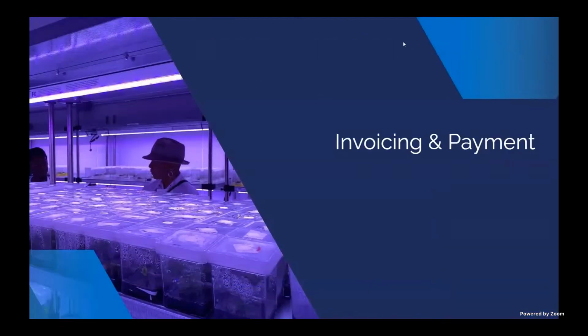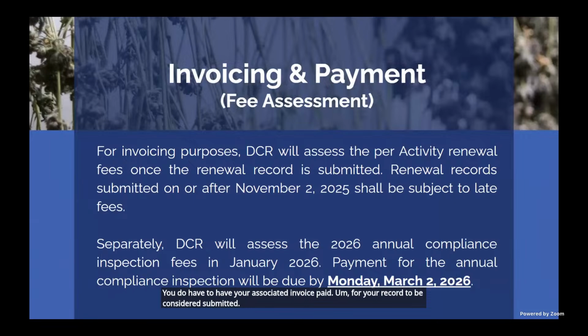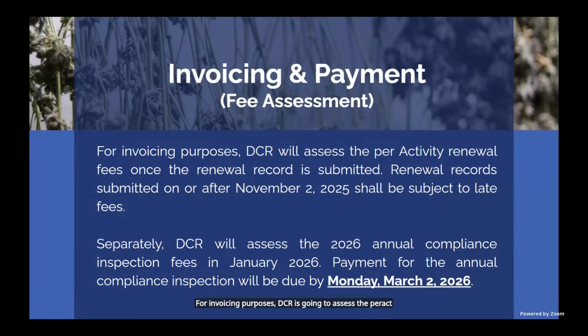In addition to submitting the record through the DCR licensing portal, you do have to have your associated invoice paid for your record to be considered submitted. For invoicing purposes, DCR is going to assess the per activity renewal fees once the renewal record is submitted.